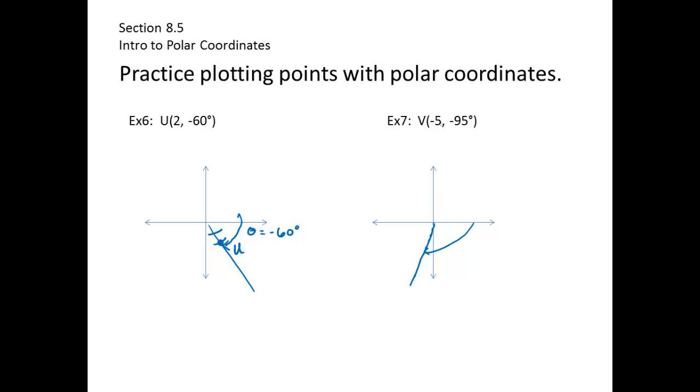Now, because I have a negative radius value, I'm going to actually go this way, and then I want to go out 5. 1, 2, 3, 4, 5, and there is point V. Once again, we went negative, so we went clockwise for our angle, and then we had to go through the pole because of our negative radial measure.